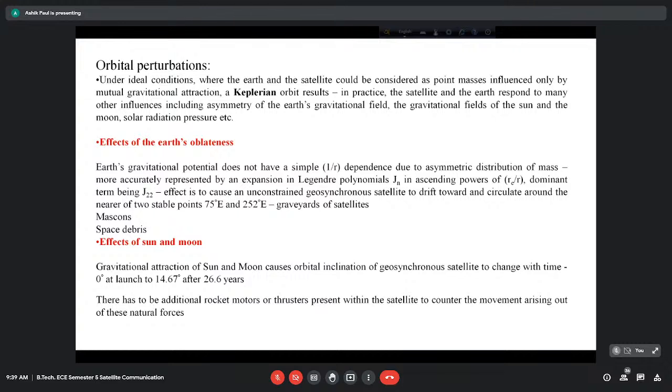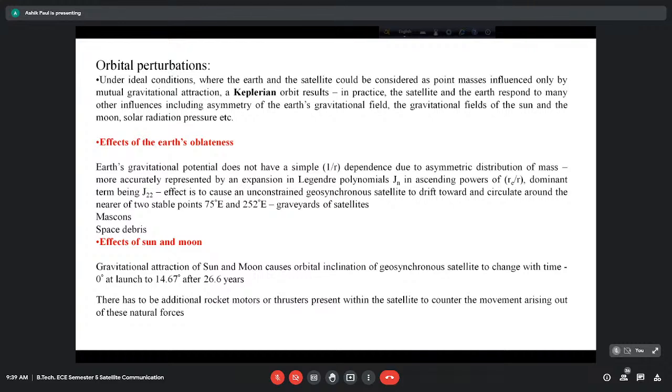The second effect, which also is a natural phenomenon, because Earth's oblateness is not artificial. Humans have not made the Earth an oblate spheroid. Nature has made it like that.